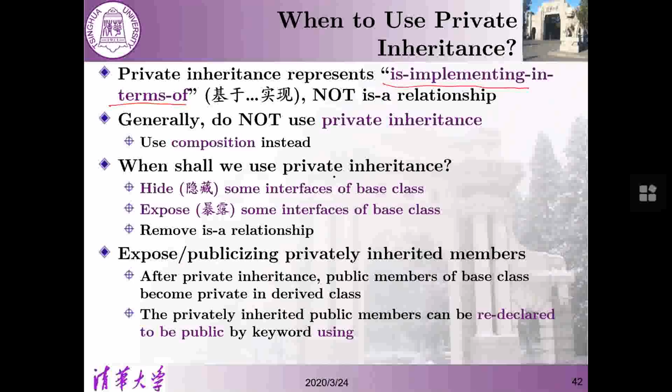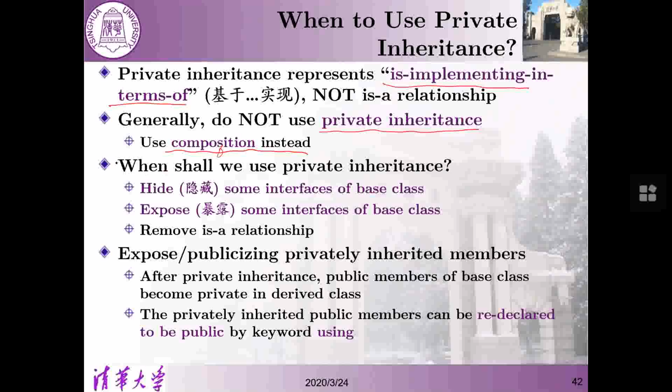However, if we want to implement something based on an existing class, private inheritance is not the only method. In many cases, composition is enough. We can use composition to implement in terms of, right?